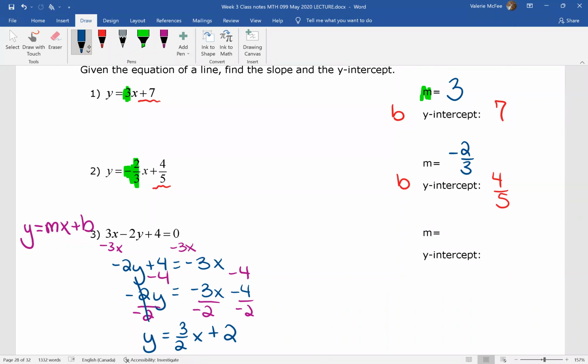You should have y equals 3 over 2x plus 2. Now I can see that the slope is 3 over 2, and the y-intercept is plus 2. So whenever you're asked to find the slope and the y-intercept, make sure you change your equation to slope-intercept form, y equals.